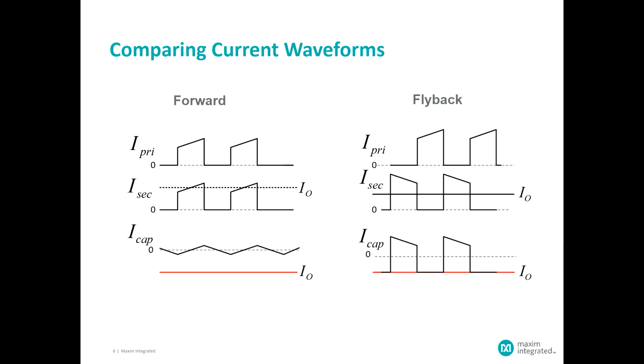And then when the primary switch turns off, the current transfers to the secondary, so it picks up exactly where it left off on the primary, but now that inductor stored energy is being delivered to the output capacitor and recharging the output capacitor.